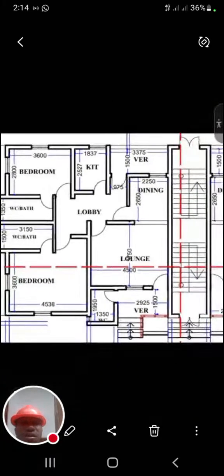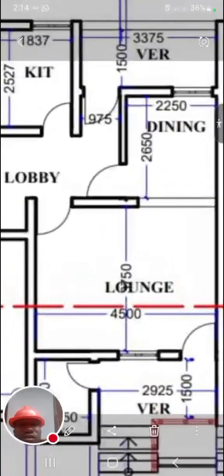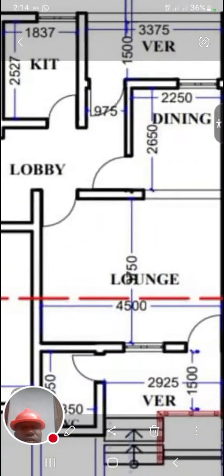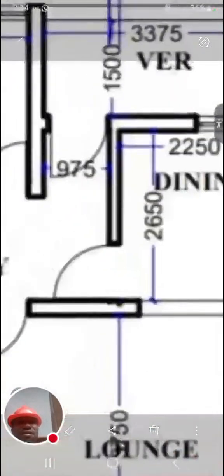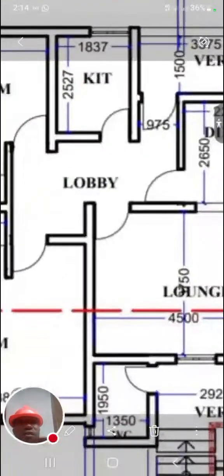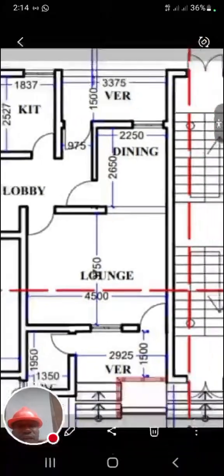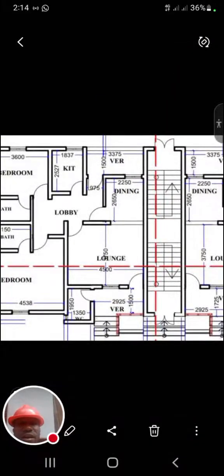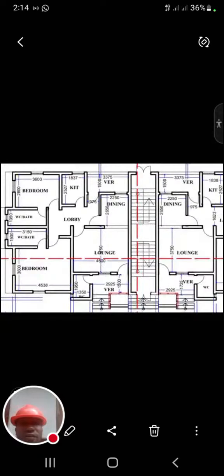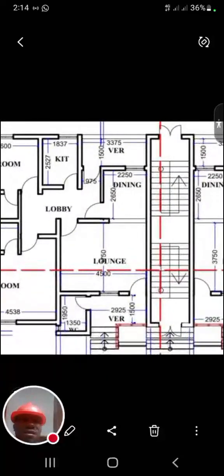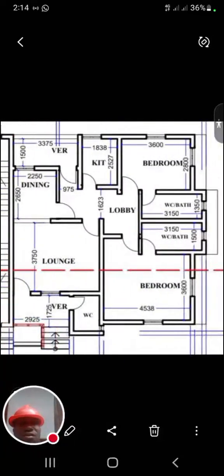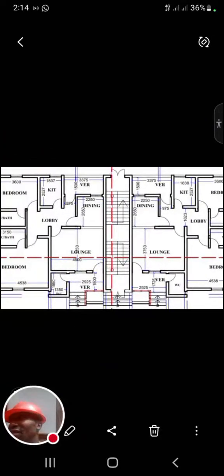Then, as you can see, this is the lounge, this is the dining, this is the lobby, this is the kitchen, this is the veranda. So you can see that it is a 2-bedroom flat. One side is a 2-bedroom flat. The other side is still a 2-bedroom flat. As you can say, this is a double flat.